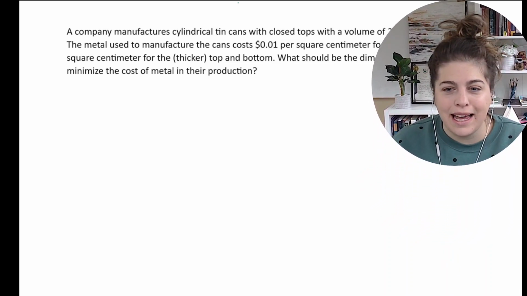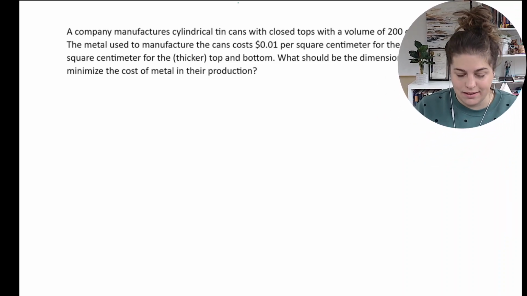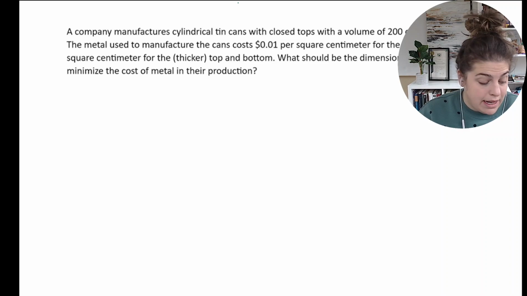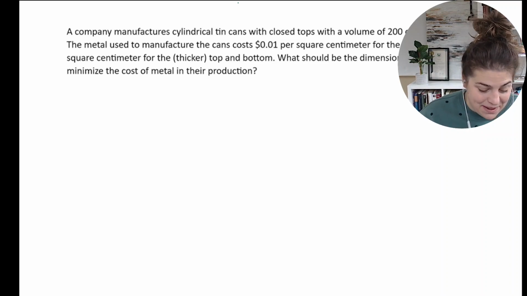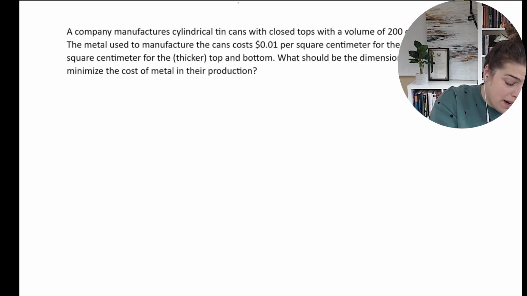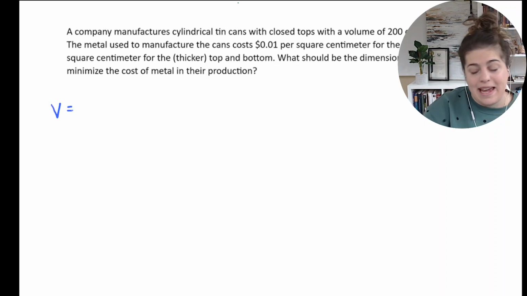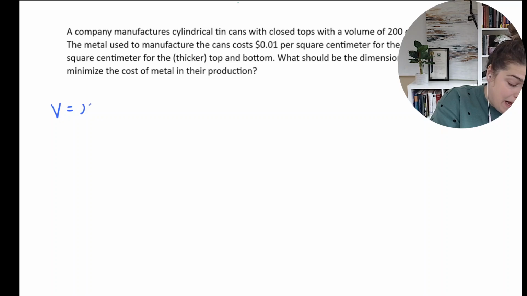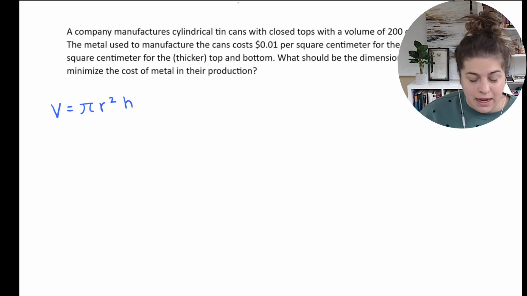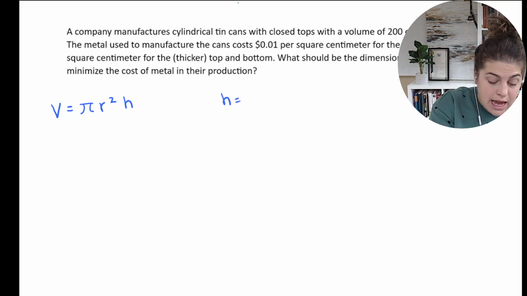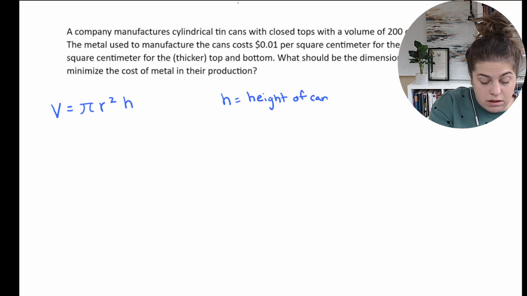So before we actually get into solving this question, let's just recap those key formulas that we need. For a cylinder, the volume is going to be pi r squared times height. H is the height of the can, and r is the radius of the circle.